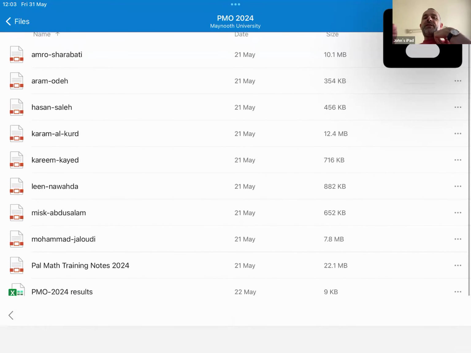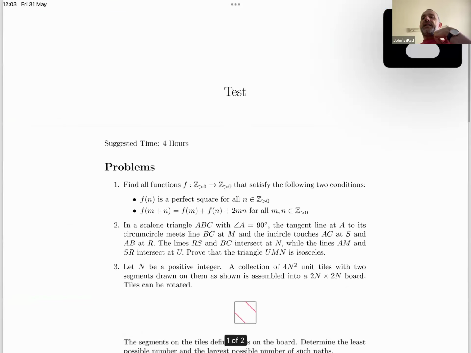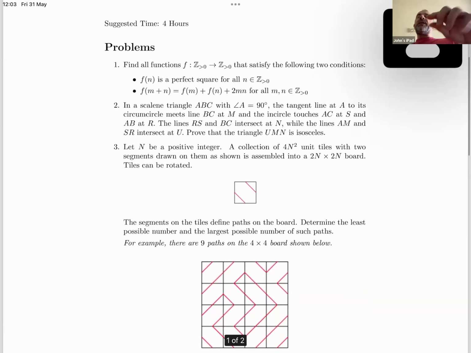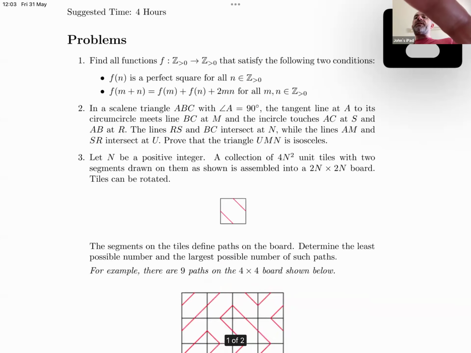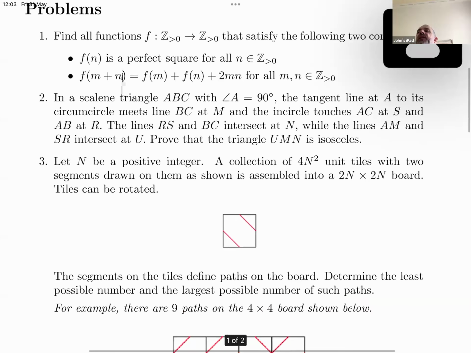Okay, so here is the test. I'm going to start with question 2, which is the geometry question here. Now, I'll just read it out. In a scalene triangle ABC, with the angle at A is 90 degrees, the tangent line at C to its circumcircle meets line BC at M. Okay, and I won't continue, but just a couple of things to point out here.